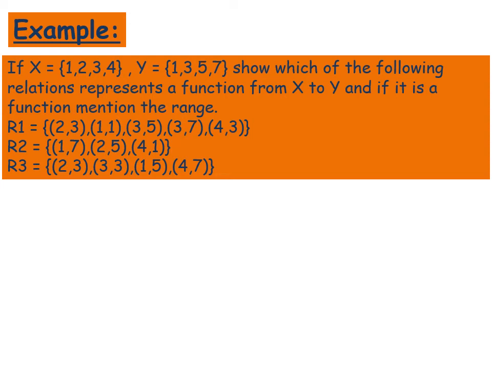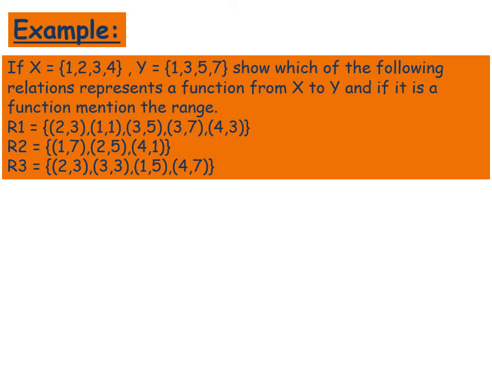Every element in x must appear once and only once. Every element of x must appear once as a first projection. So when I look at R1, the first relation, which has ordered pairs like (2,3), (1,1), (3,5), (3,7), (4,3), I will note that 3 appears twice.